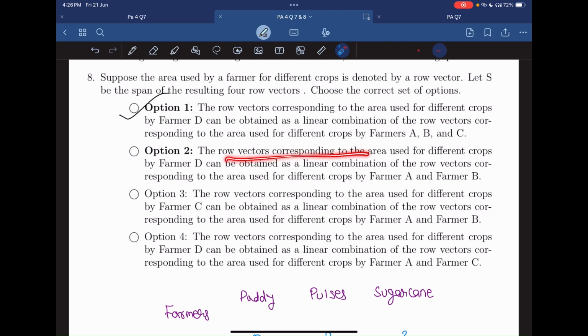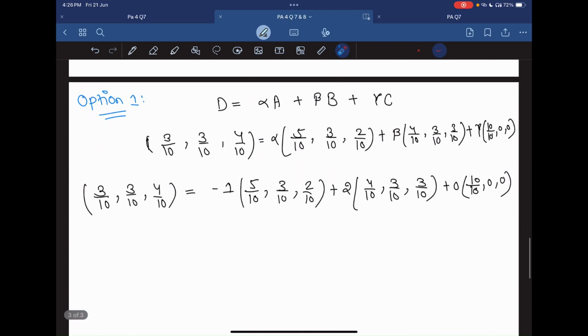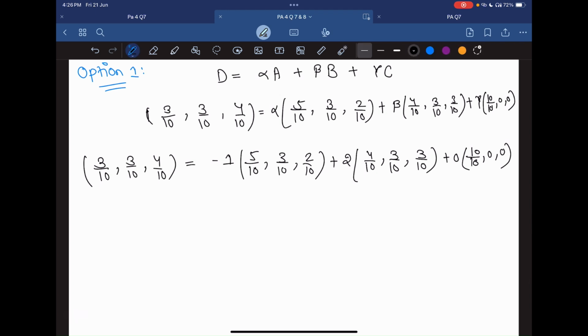Option 2. The row vector corresponding to the area used for different crops by farmer D can be obtained as a linear combination of the row vectors corresponding to the area used for different crops by farmer A and B. Just as we did in option 1, we obtained the result that D is equal to minus 1A plus 2B plus 0C.